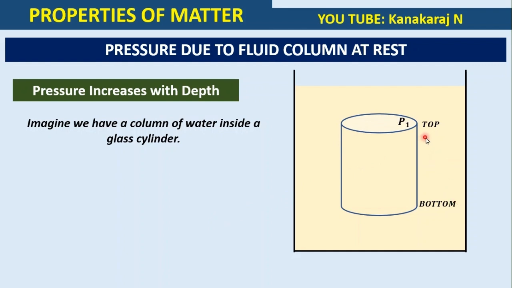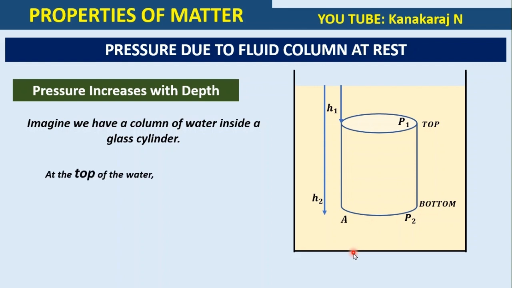The pressure at the top layer is P1 and the pressure at the bottom layer is P2. The area of cross section of the layer is A. The top layer is at a depth H1 and the bottom layer is at a depth H2.